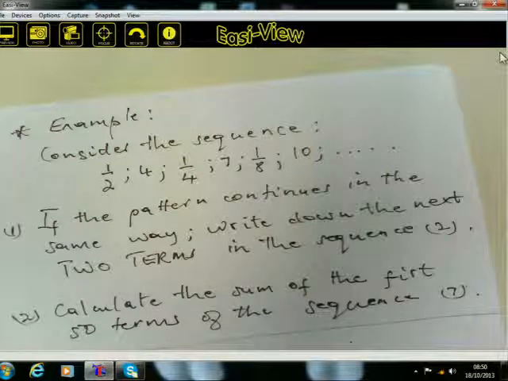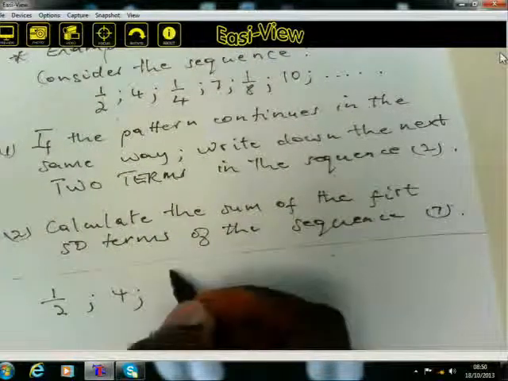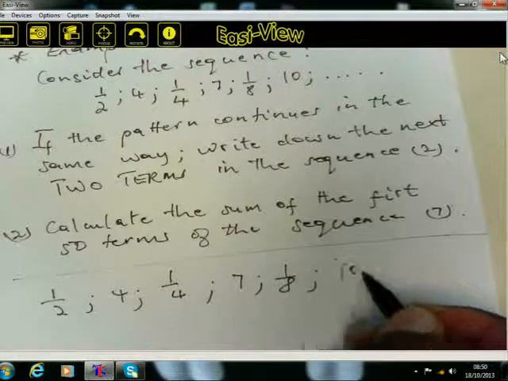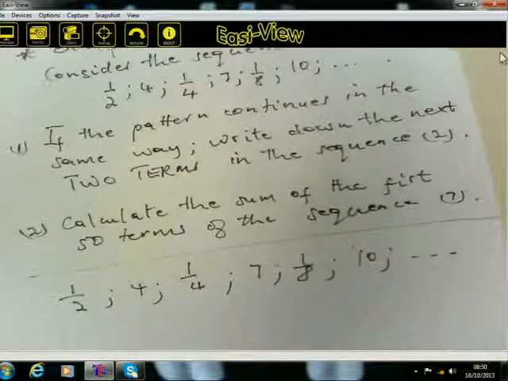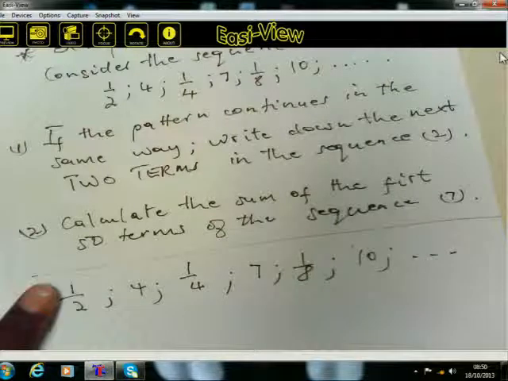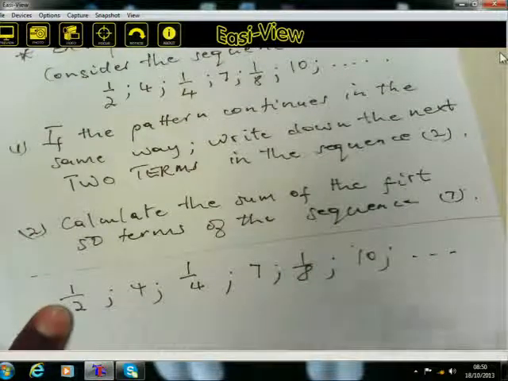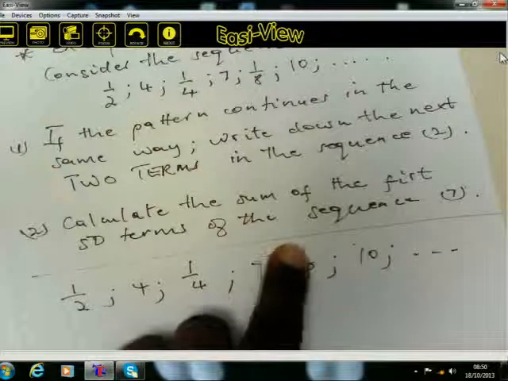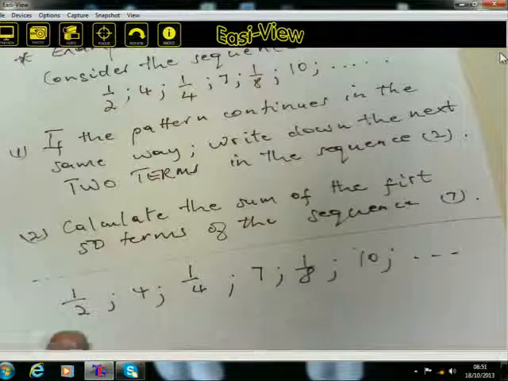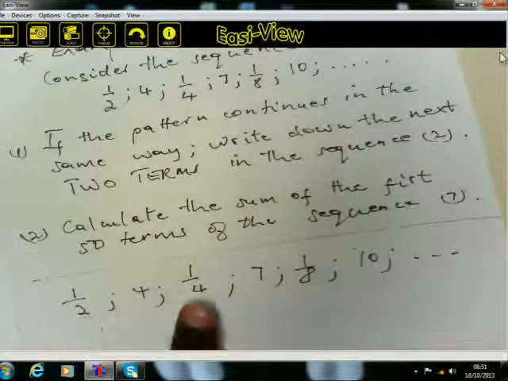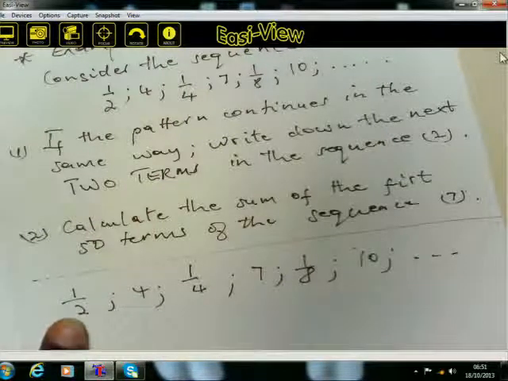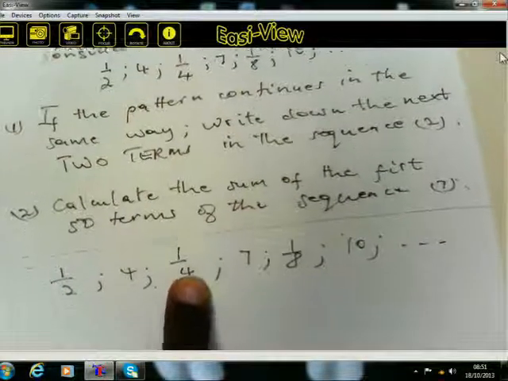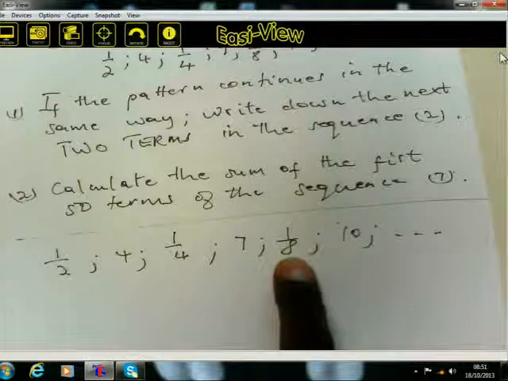When we look here, the sequence has these numbers. The first fraction was 1 over 2. The second fraction was 1 over 4. The third fraction was 1 over 8. In other words, when we look at the fractions, the denominator has been multiplied by 2 to get a 4. The denominator has been multiplied by 2 to get an 8.